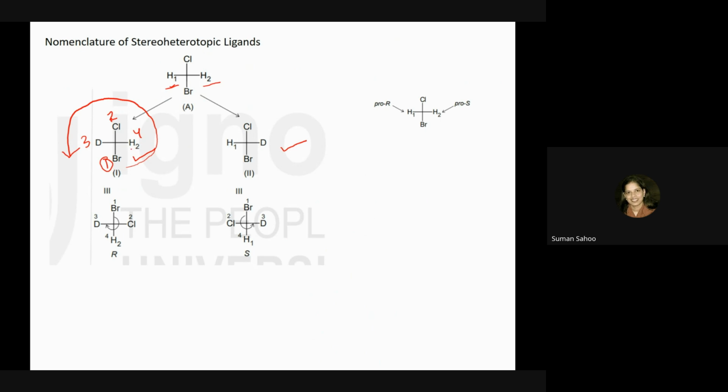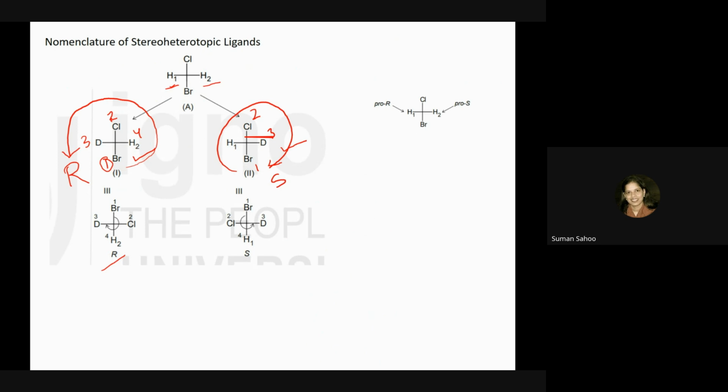If we go from 1 to 2 to 3, that gives us S. But as 4 is on the horizontal axis, that should be R. And in this case, again 1, 2, 3 gives clockwise, but hydrogen is again on the horizontal axis, so that would be S. Or you can do the rotation like this, to bring the hydrogen onto the vertical axis, then you can get your configuration.